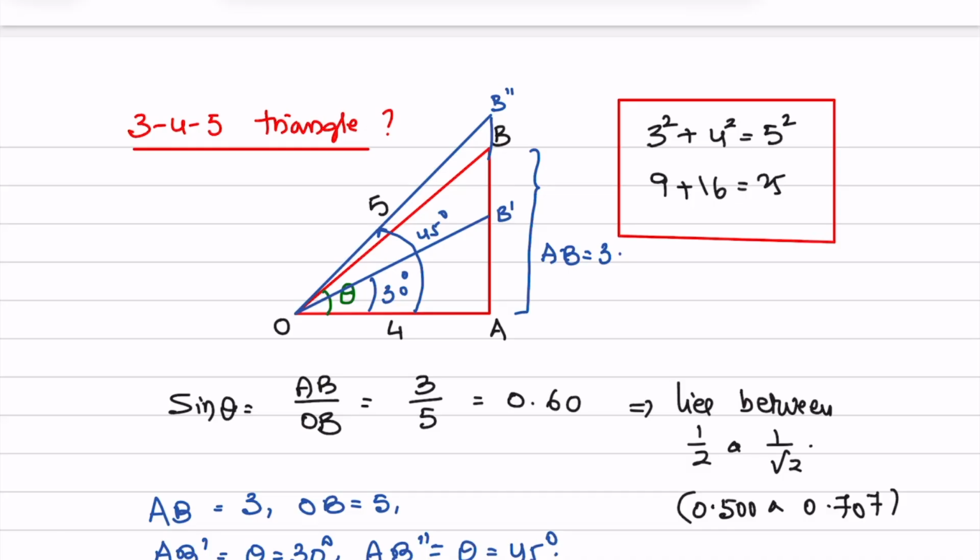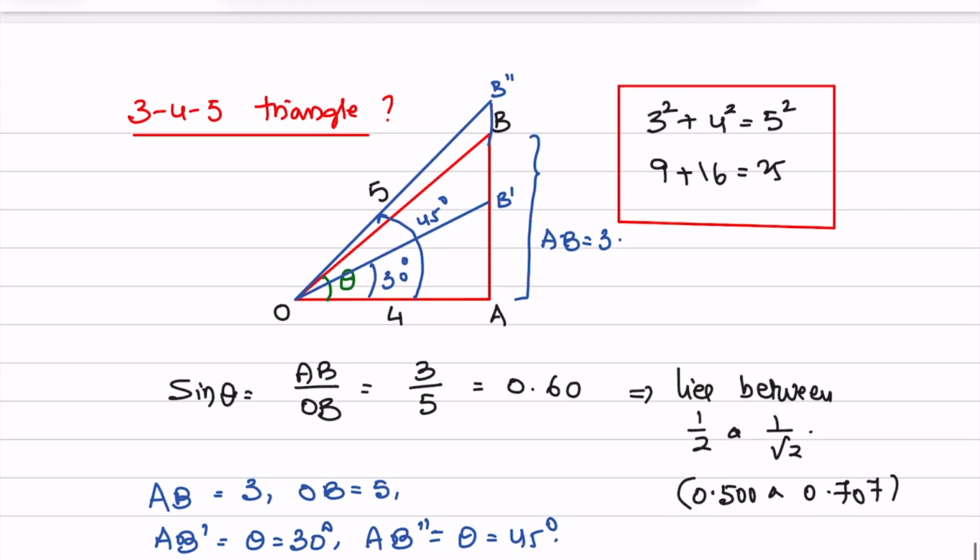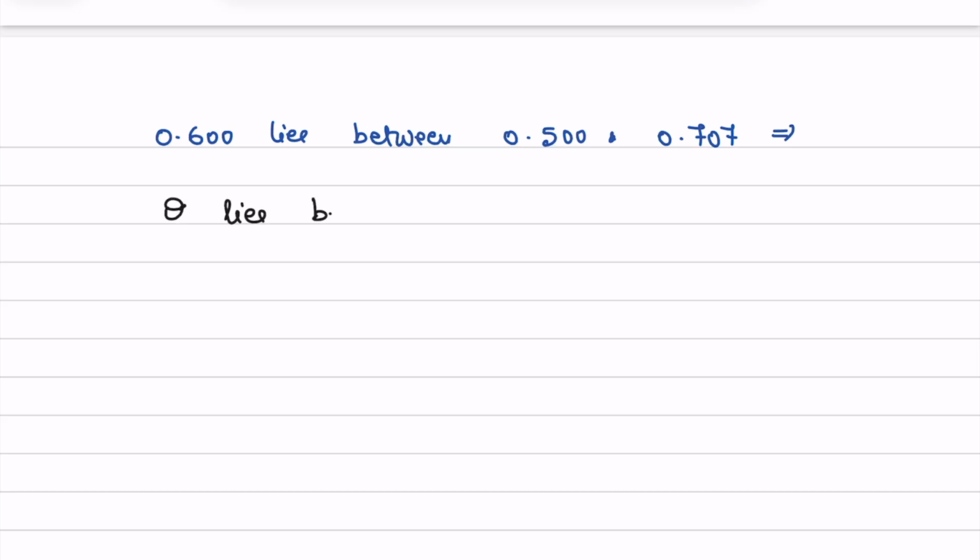In between AB dash and AB double dash, this value is lying. That means 0.600 lies between 0.500 and 0.707. That implies theta lies between 30 degrees and 45 degrees.